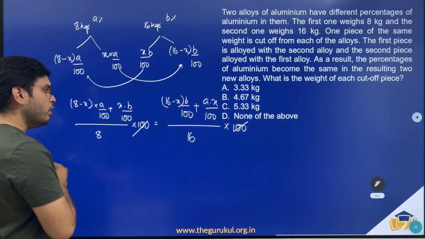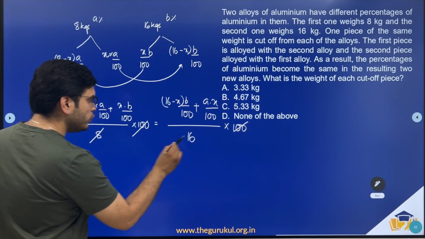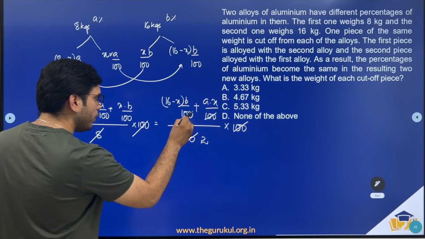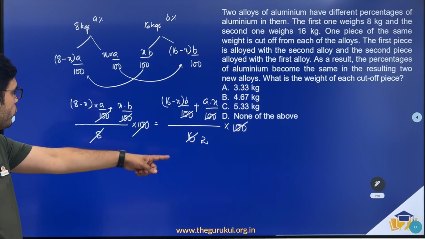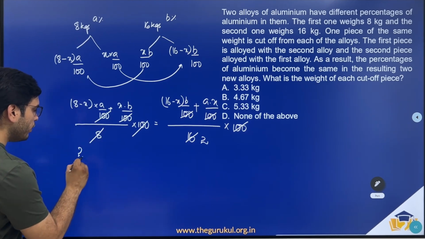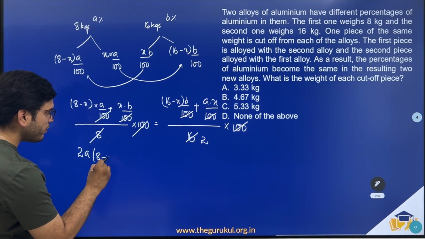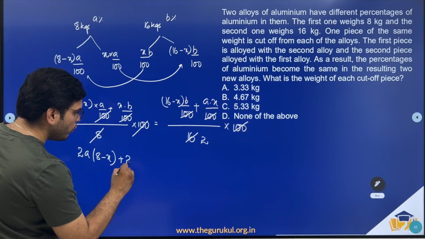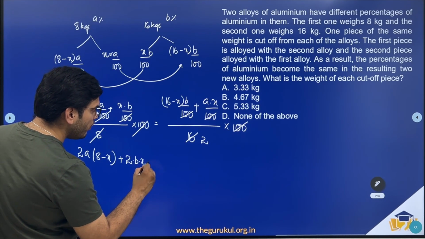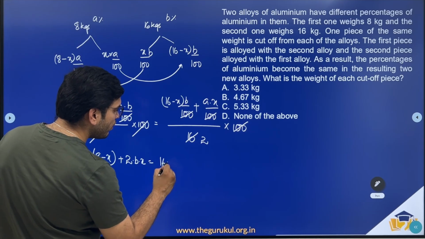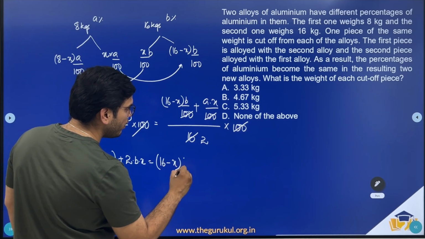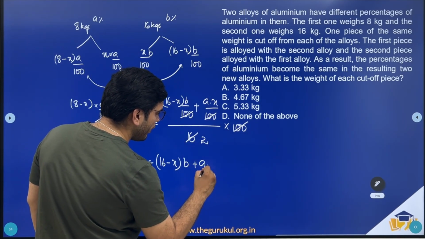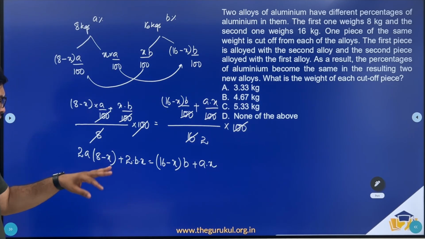So I can remove 100, 8 and 16 become 2 and 16, and I can remove this 100 as well. So we have 2a into (8 minus x) plus 2 into b into x is equal to (16 minus x) into b plus a into x, right?